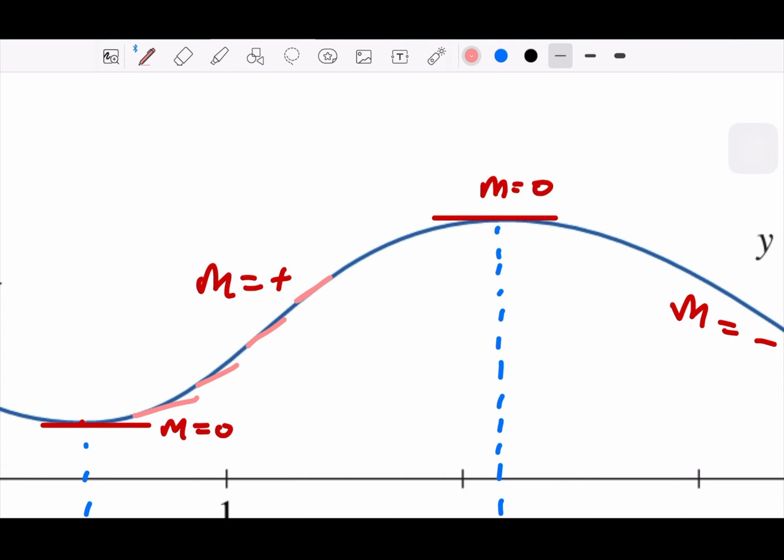Do you get my idea? So it will reduce again until 0, which means this part here will be its maximum point. Do you get the idea?